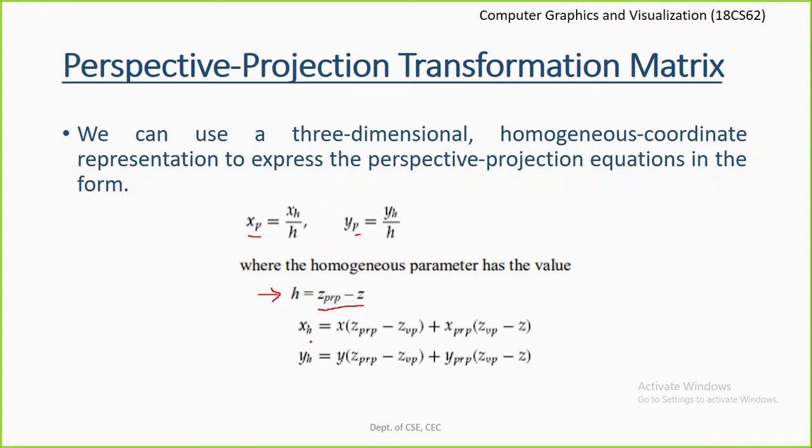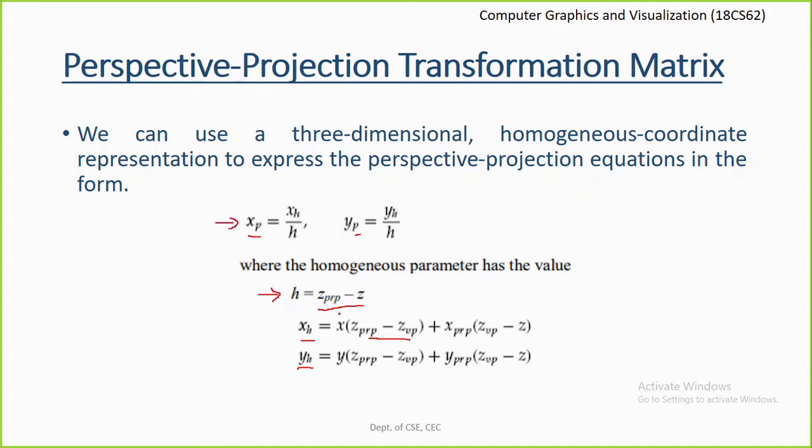They have also given us the equations for xh and yh, which act as the numerators for calculating xp and yp. xh is given as x into zprp minus zvp, where zvp is the z coordinate of the view plane, plus xprp, the x coordinate of the projection reference point, into zvp minus z. This equation gives us the value for xh, which can then be used to calculate xp.